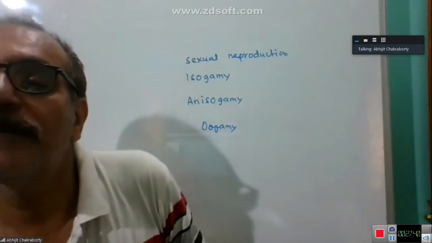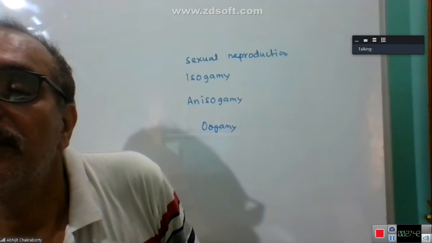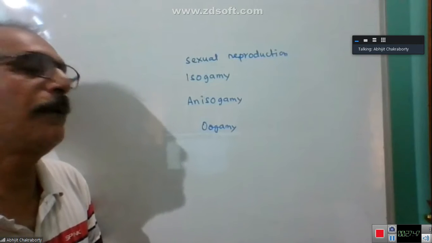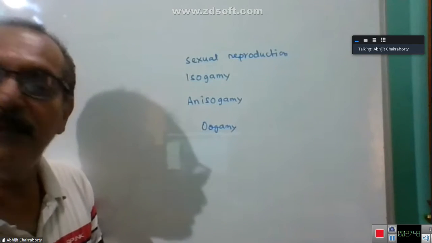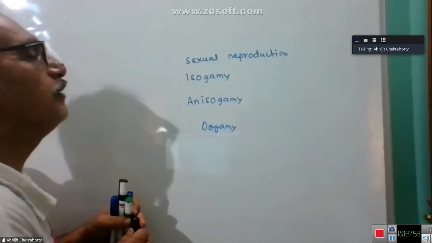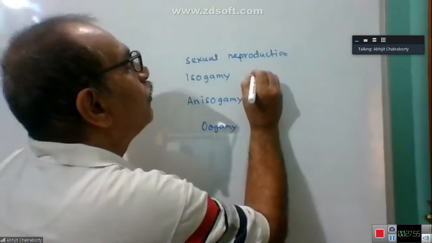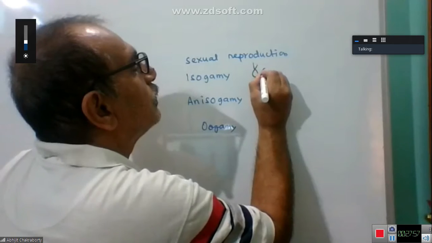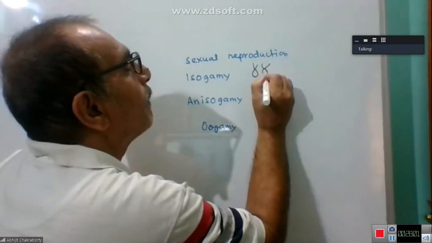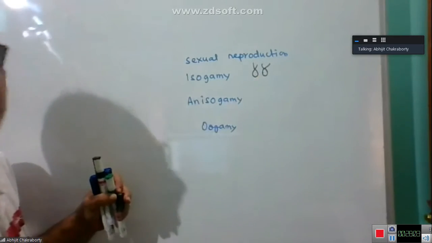Three types of sexual reproduction may be found here: isogamy, anisogamy, and oogamy. In isogamy, two gametes of similar size and shape take part in the reproduction.